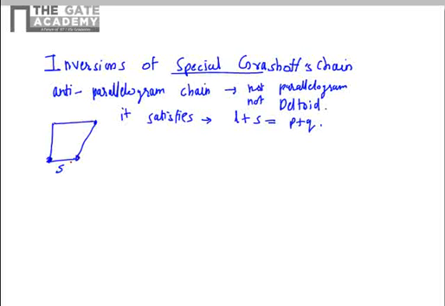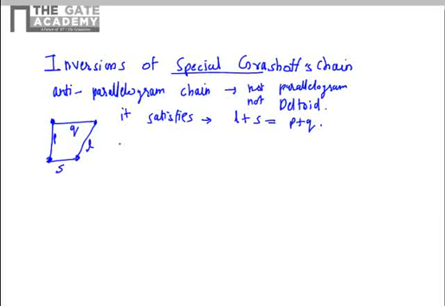So here the condition satisfied is that S plus L is equal to P plus Q. This is a special Grashof chain, the anti-parallelogram chain, which is not a parallelogram, and it is also not a deltoid. That means the adjacent links are not of equal length.